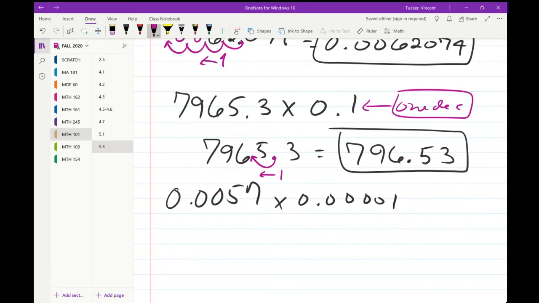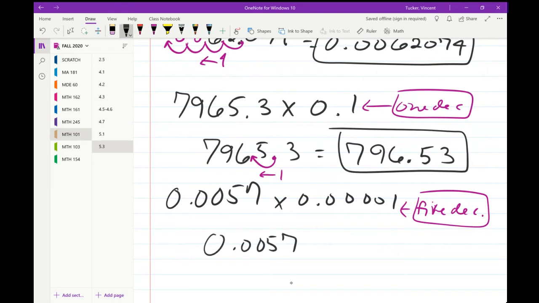All right. And then for this last one, in power or multiple of 0.1, we have 5 decimals or 5 decimal places. So we're going to move one, two, three, four, five.